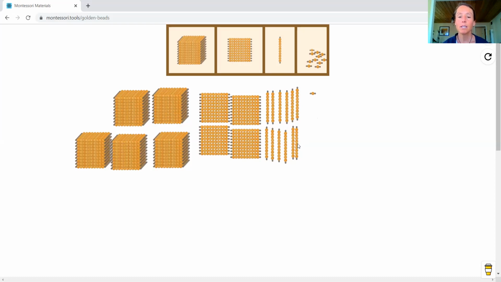Now I'm going to go to my tens and I'm going to count. If it goes over 9, if I get to 10, then I need to exchange. So I'm going to count 1, 2, 3, 4, 5, 6, 7, 8, 9, 10. Oh, it did 11, 12.